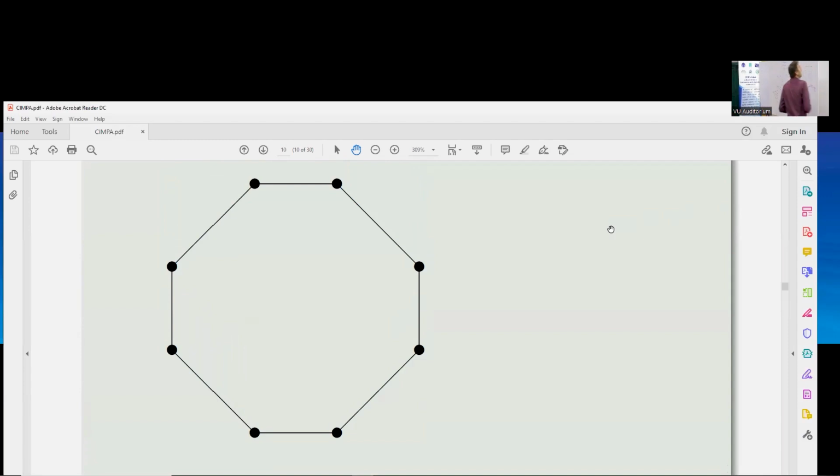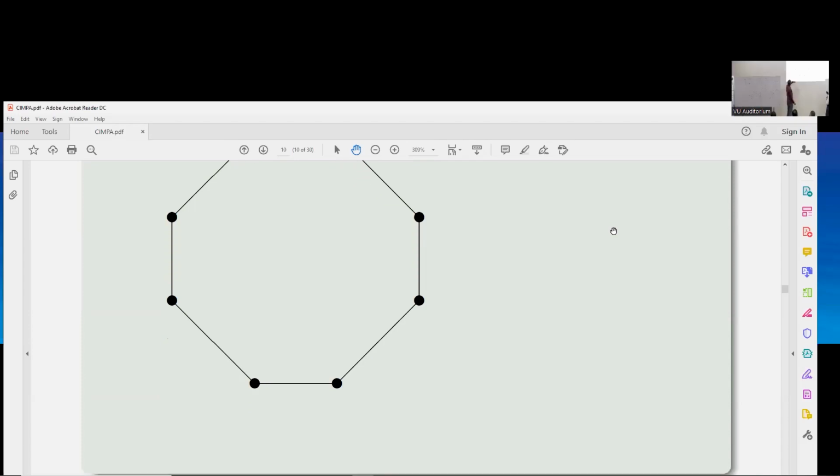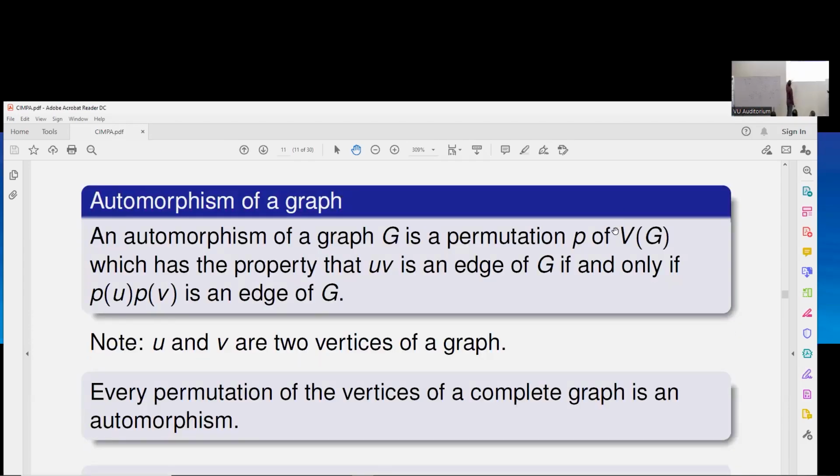So if we take, for example, this graph, let me have vertices, let's say u1, u2, u3, u4. Good, we can stop here.